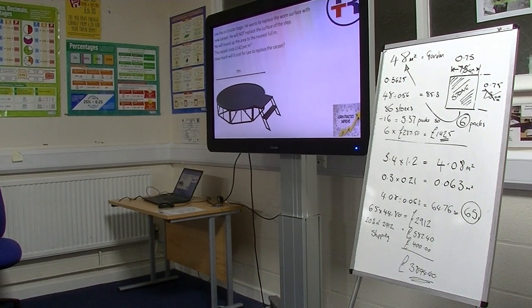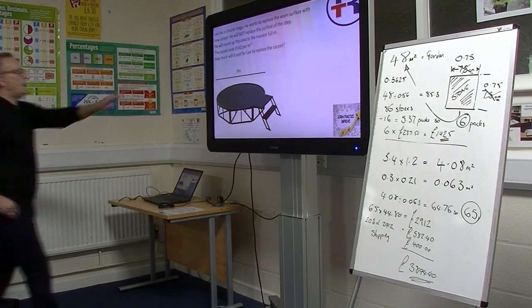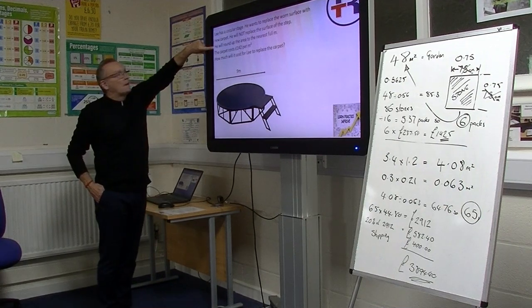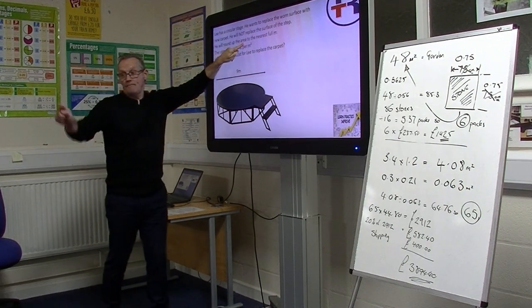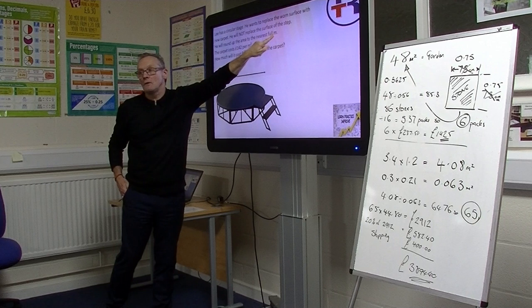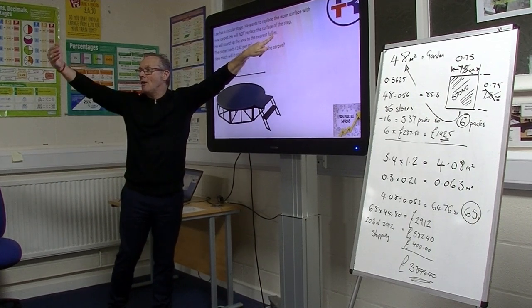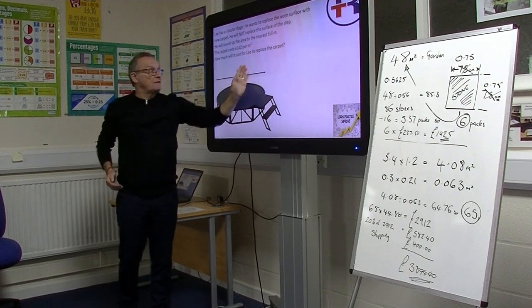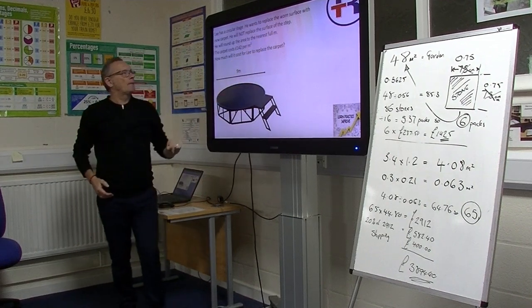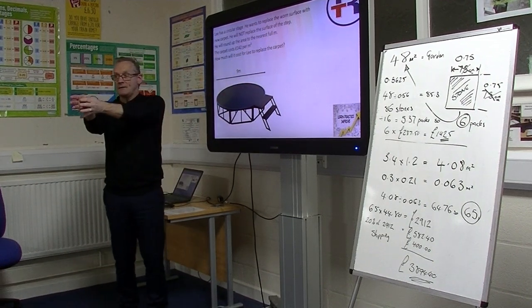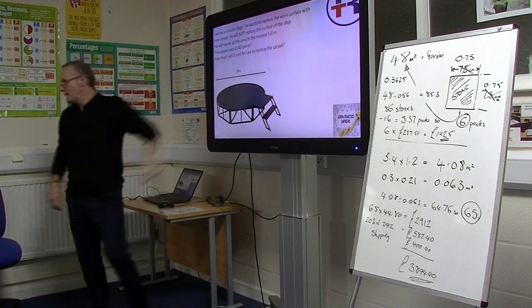You had the right number in your calculator. That number's the right number. So you're up to here. They will round up the area to the nearest full metre. Obviously, you've got to go higher because if you go lower, there's not going to be enough carpet. And then whatever you get as your answer, just times it by this number here.